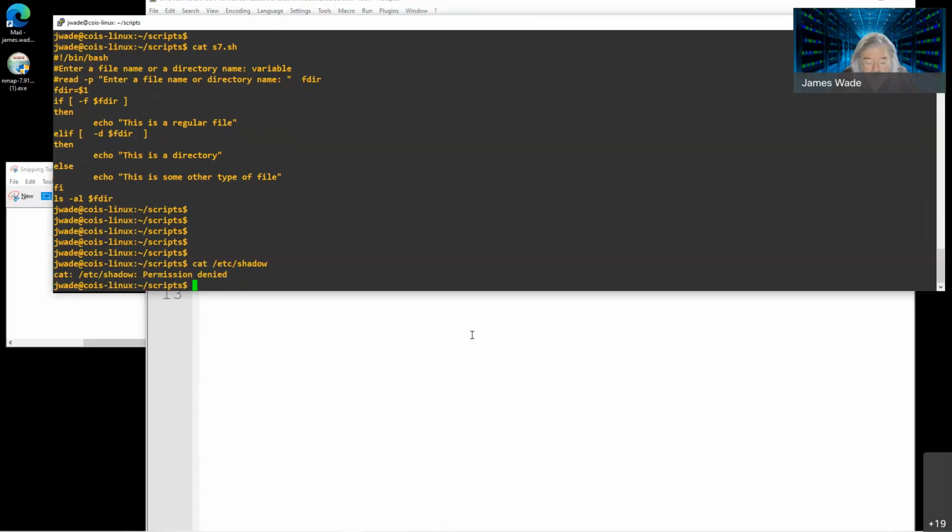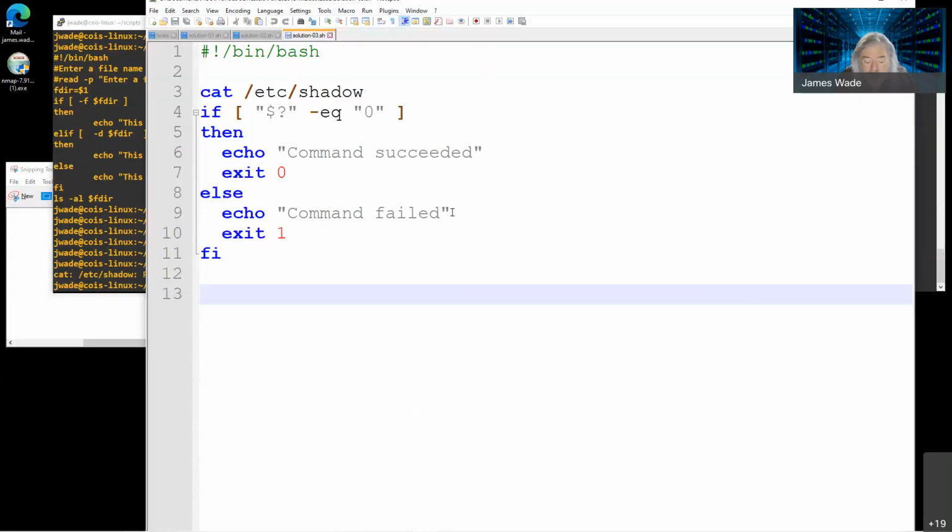So in our scripts, when we write them, we can easily look for this dollar question mark. Well, the dollar question mark is a variable that is the status of the previous command. This command failed, and the variable for that status is dollar question mark. Basically, you're saying, what was the status of the previous command?